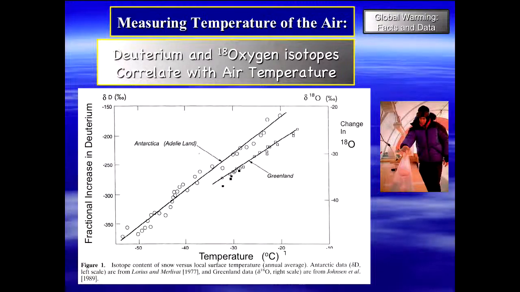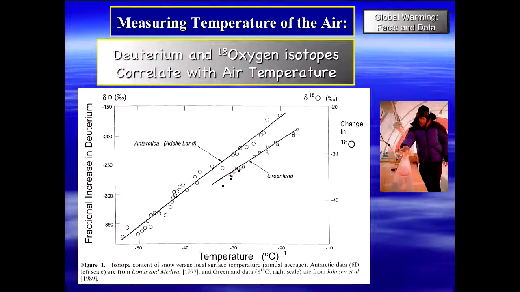notably deuterium, which is hydrogen that has an extra neutron, and oxygen that has not just 8 protons and 8 neutrons, but an extra 2 neutrons, making it oxygen 18, an isotope of oxygen.